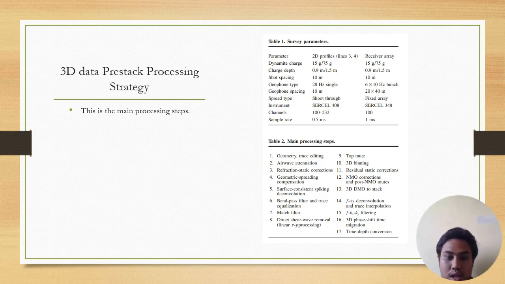And 9 is top mute, 3D binning, residual static correction, NMO, 3D DMO, and also FK filter, deconvolution, trace interpolation, and time-depth conversion.